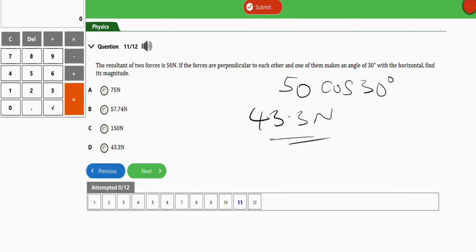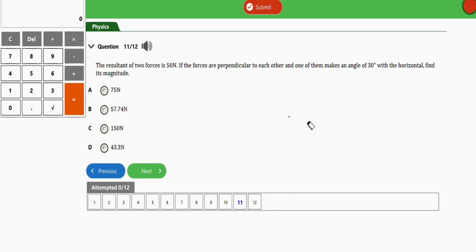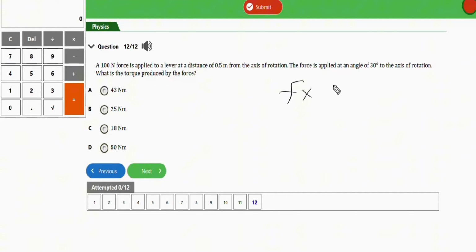Alright, so let's wipe this now and solve the last repeated question. It says 100 Newton force is applied to a lever at a distance of 0.5 meter from the axis of rotation. The force is applied at an angle of 30 degrees to the axis of rotation. What is the torque produced by the force? The torque produced by the force will be, this is the formula we apply: force times distance times sine theta.